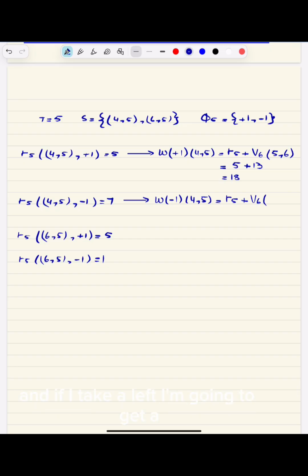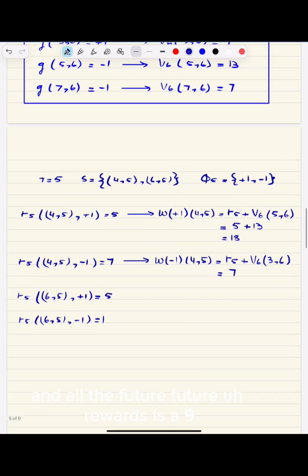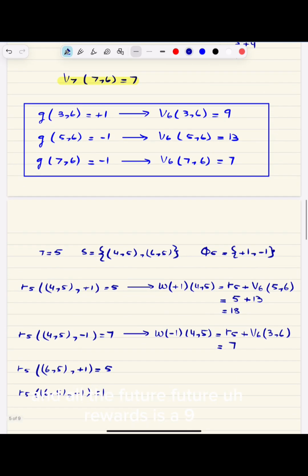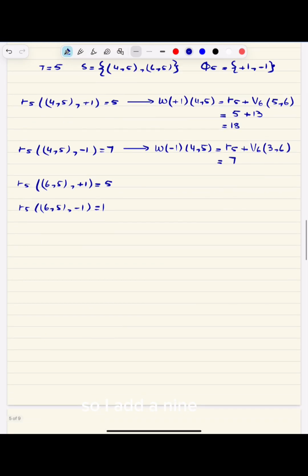If I take a left, I'm going to get to 3 and 6, right? So the immediate reward is a 7 and all the future rewards is a 9. So I add a 9 and therefore this is a 16.